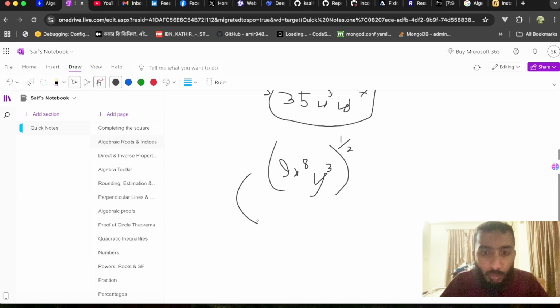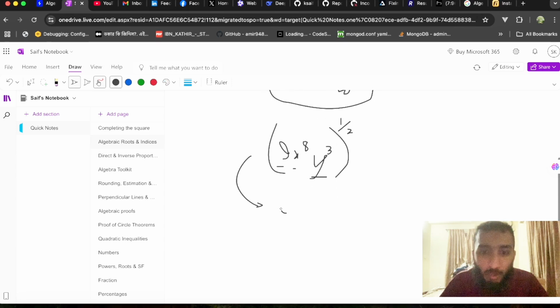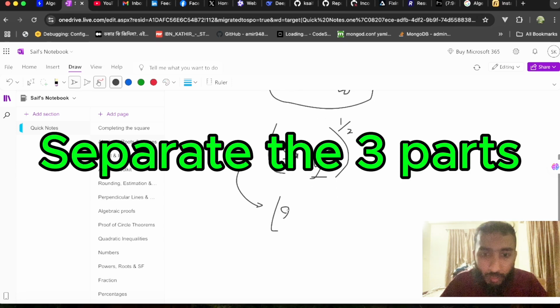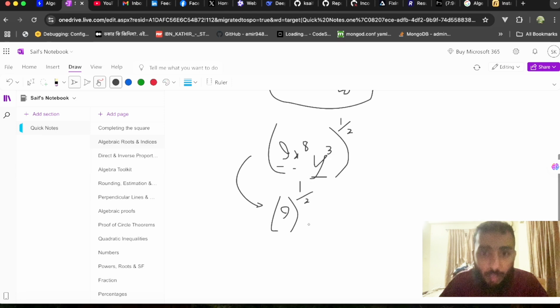If I want to simplify this expression, we can separate the parts here. So we can do 9 to the power half, multiplied by x to the power 8 to the power half, and multiplied by y cube to the power half.